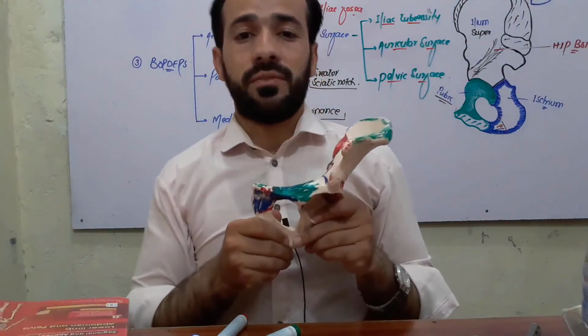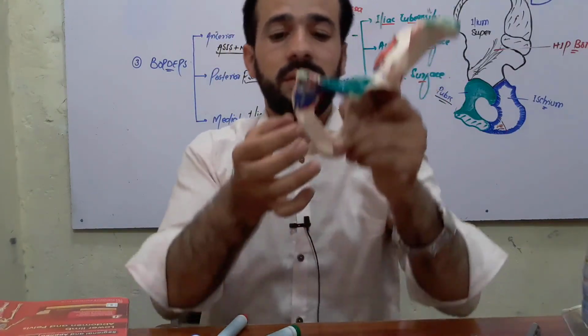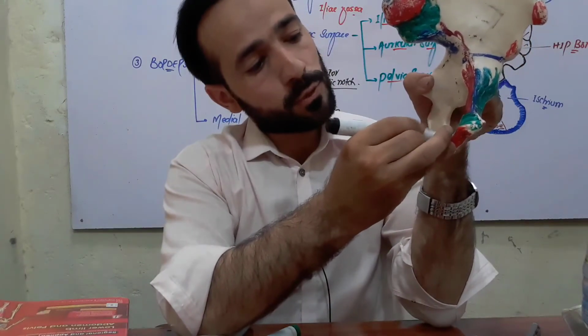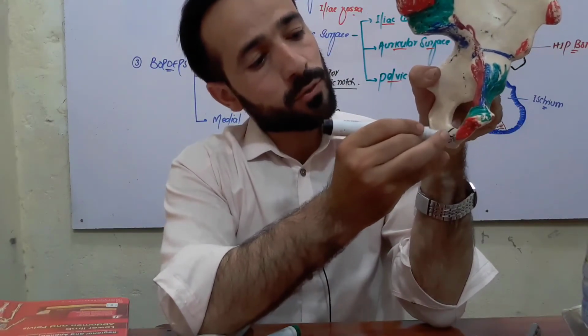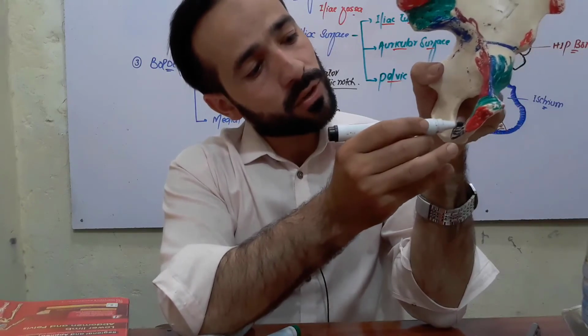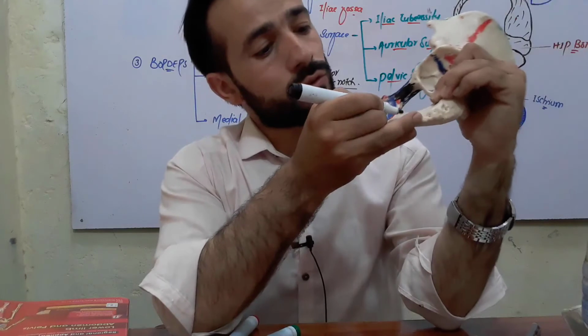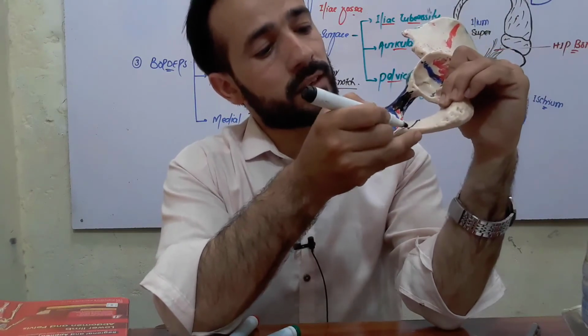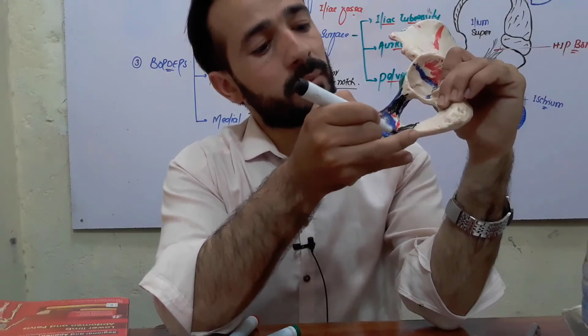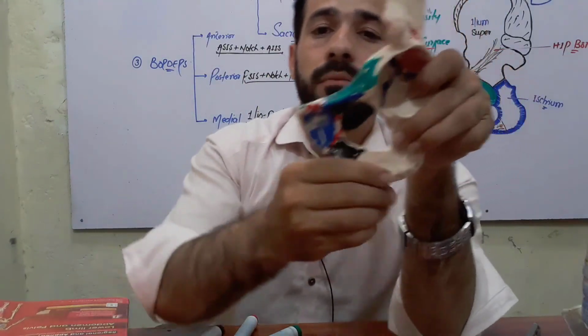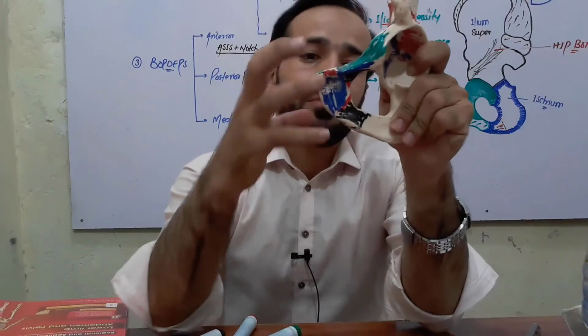And then the inferior ramus is from the body up to this point, because from here onward there will be the ramus of the ischial bone. So here we say that this is the inferior ramus of the pubic bone, right friends?